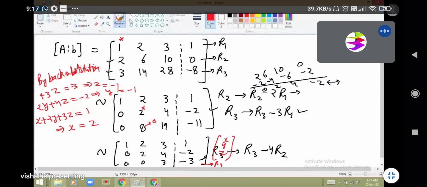This is our answer, which we already got by the previous method in the previous problem. The problem is the same, and the method to solve it is the same: Gaussian elimination method.